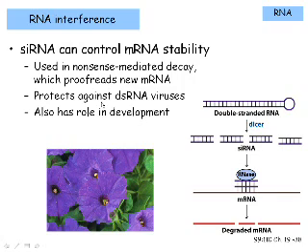A second place where we started finding out about small interfering RNAs, or siRNA, was in the defenses that the cell has against double-stranded RNA viruses. Viruses come with all kinds of nucleic acids. There's some double-stranded DNA, some single-stranded DNA, double-stranded RNA, single-stranded RNA. Against double-stranded RNA viruses, small interfering RNAs are one of the tools that the cell has to defend.